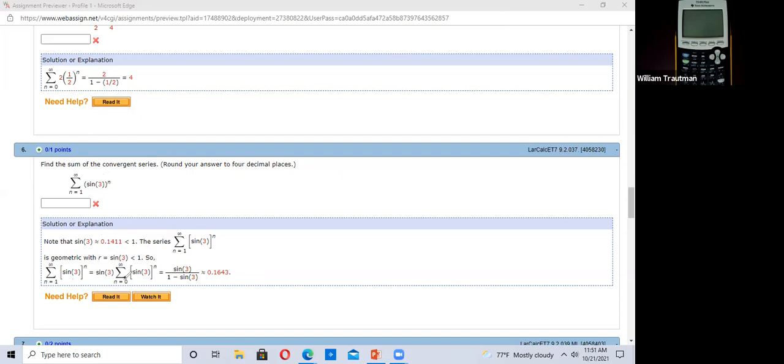They're showing you that you can change that 1 to a 0 by having sine 3 here. I'm not sure. I don't know if anybody sees that. They changed this from 1 to 0, but they put the sine 3 in front. I don't see that mathematically. I'm sure it's there, but I don't see it.